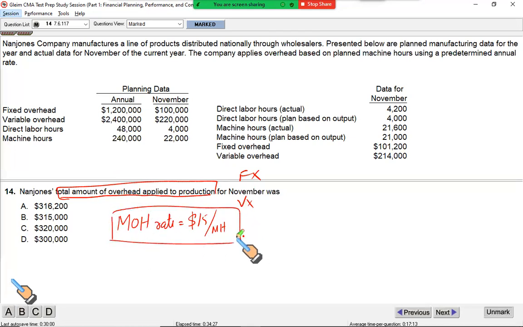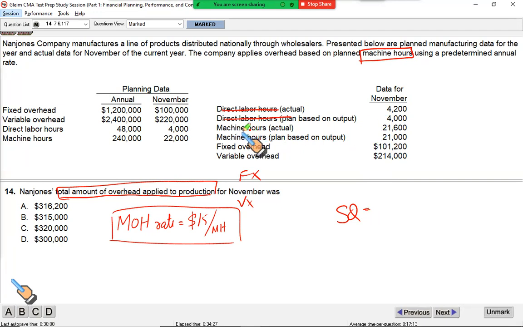Okay. If this is the rate, we must find first the standard quantity that we should have used in November. Look at this. I'm not interested in labor hours. Why? Because the question is very clear. The question says that you should use machine hours, right? And I'm not going to take the actual machine hours, because remember, when we say standard quantity of machine hour, it means the machine hours that you should have used as per the original standard we set.